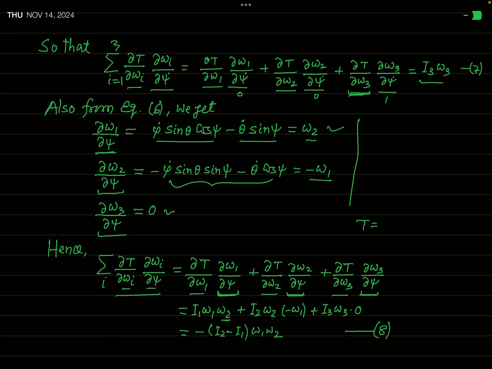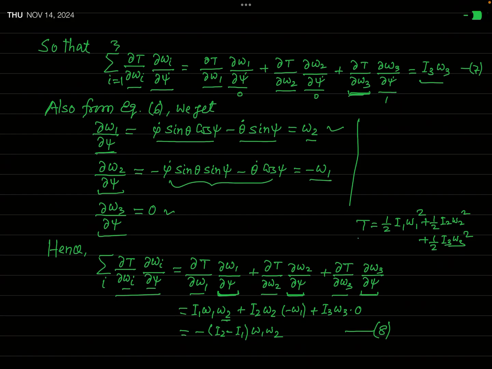Expression for T, you know, is 1/2 I1 omega 1 squared plus 1/2 I2 omega 2 squared plus 1/2 I3 omega 3 squared.